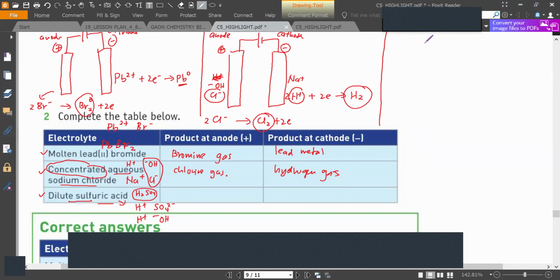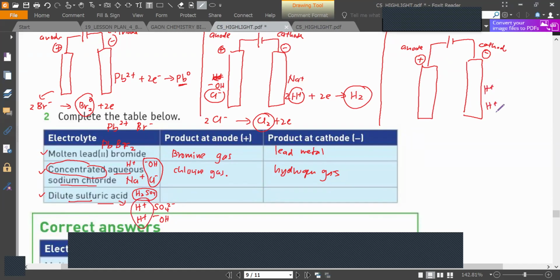Now coming back to our setup here. Positive, negative. Anode, cathode. At the cathode, we will attract these two H plus, they are the same.